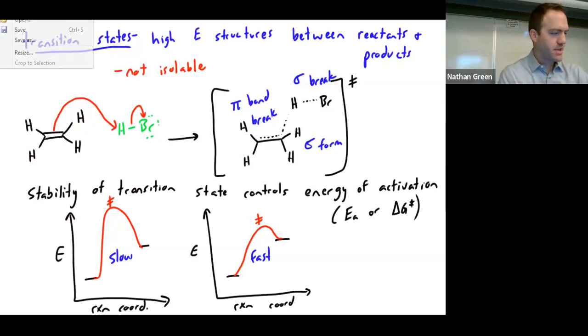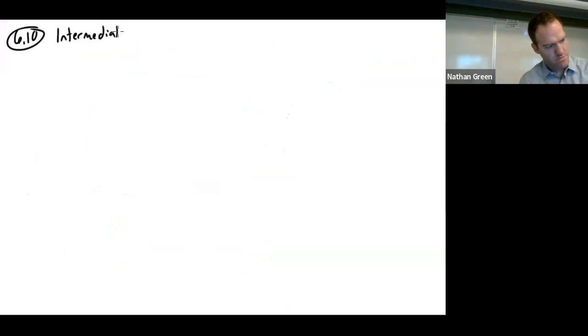Let's talk about the other thing that we've mentioned in here, which is intermediates. They are structures that transiently exist during reaction.